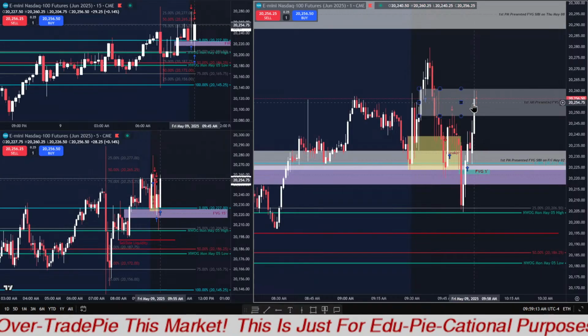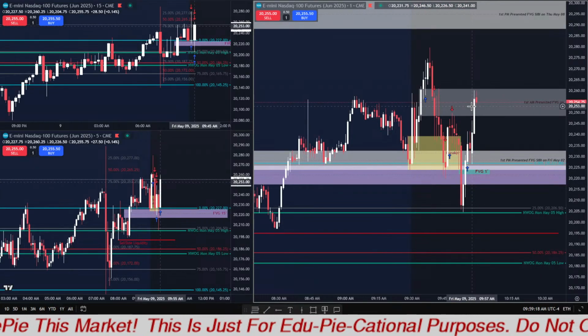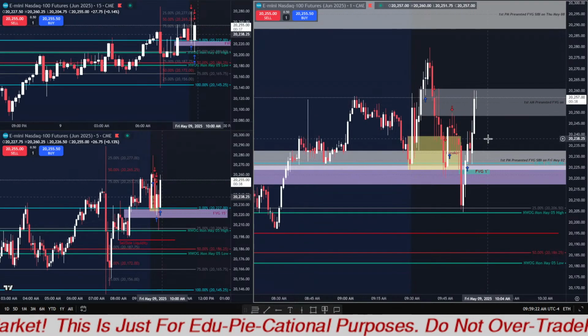We closed right above the consequent encroachment of the first presented fair value gap over here, and now getting back to this area.